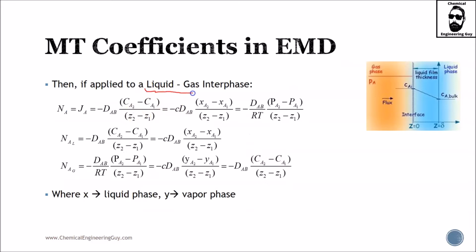If we apply this to the liquid-gas interface, which we know is very common in our industrial applications, we will get several cases. This is the generic one. And as you can see here, guys, I'm using a lower subscript, L for liquid phase, G for gas phase. So this is the gas phase, this is the liquid phase.